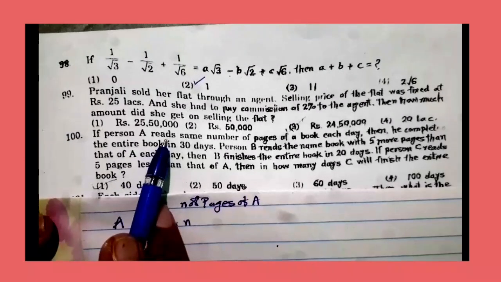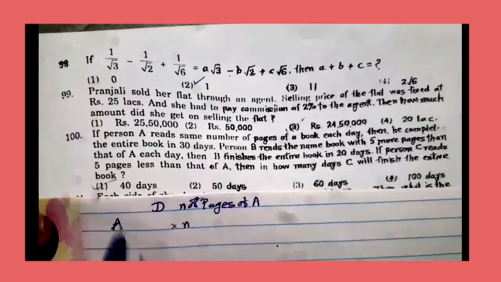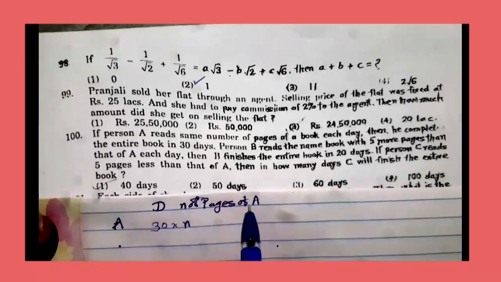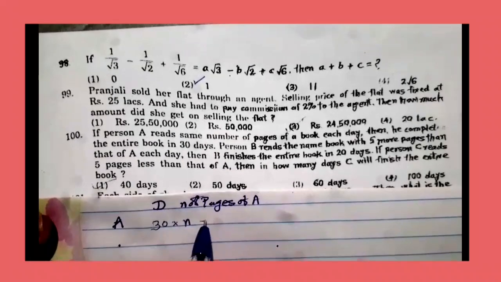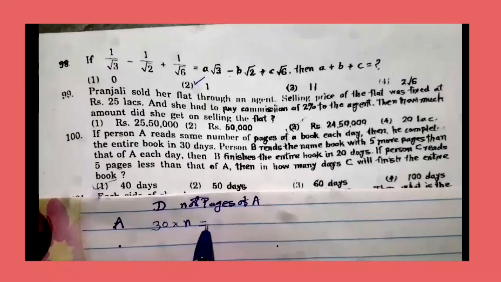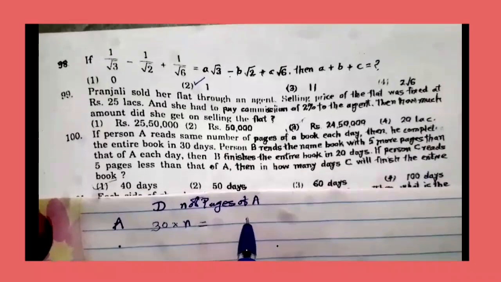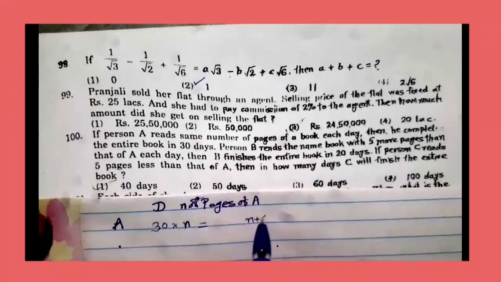Here is a book read in 13 days. If N is the number of pages of A, then B reads 5 more pages, that is N plus 5.